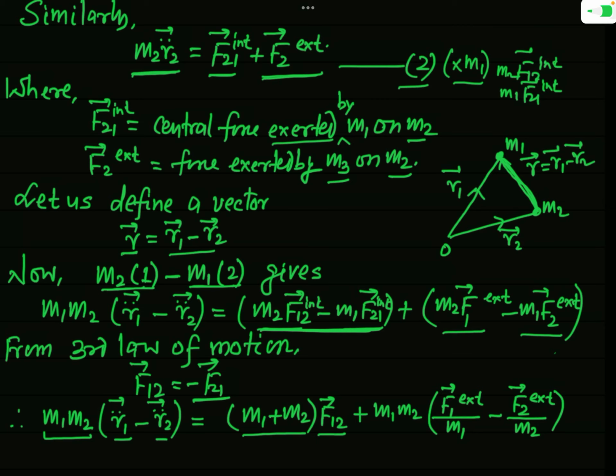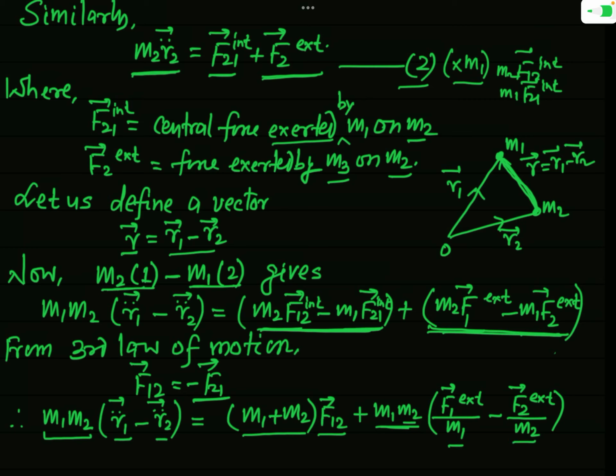Now, in the last term, which I am underlining, if you take m1 m2 as a common factor, then what will be our result? Since in the first term there is only m2, but you have taken m1 also as a common factor, you must divide f1 external by m1. And in the second term there is only m1, but we have taken m2 also as a common factor, so we should divide it by m2.